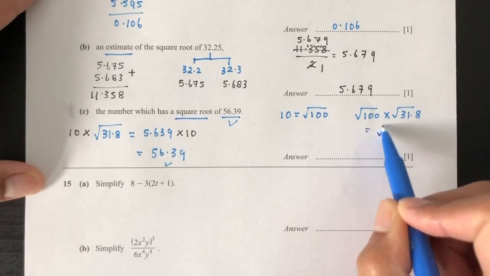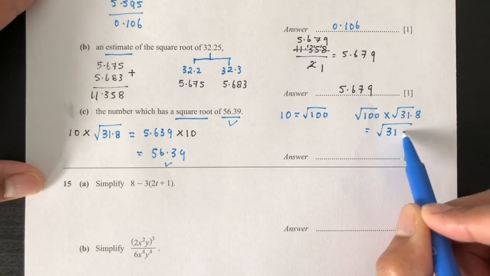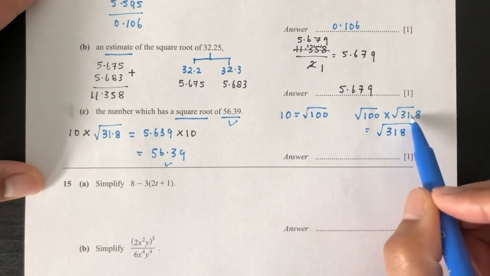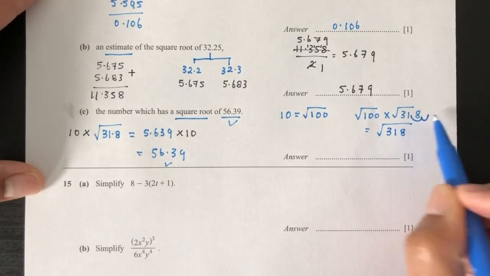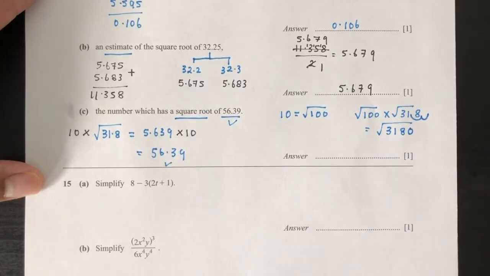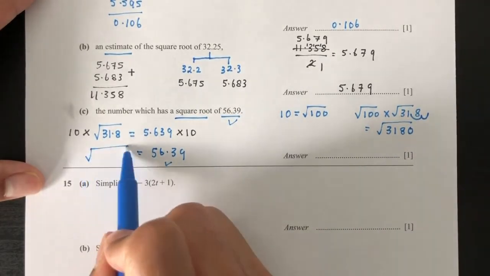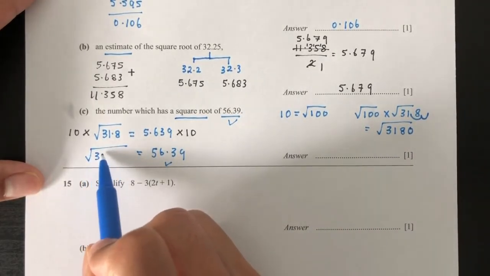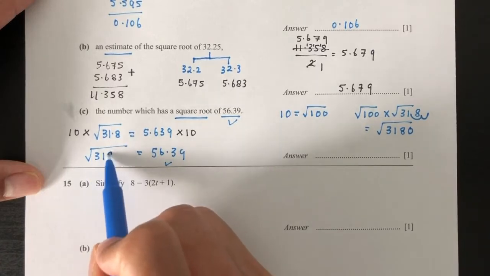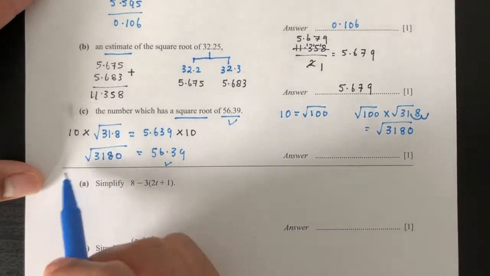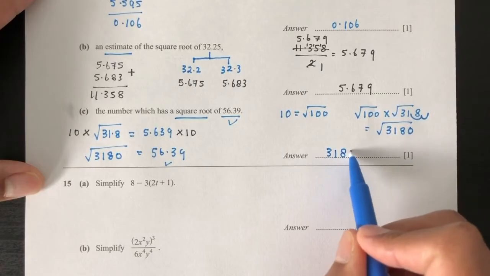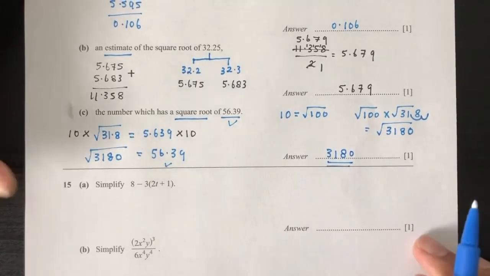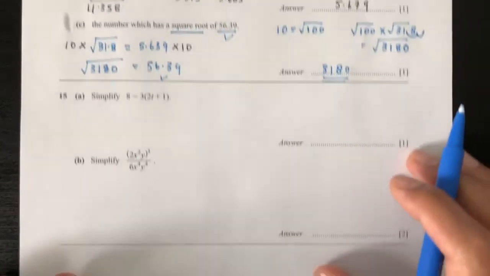That is equal to root of 31.8, so times 100, that should be 0. So your answer will be root of 31.80, and your value will be 31.80 for that square root. That will be part C of question 14.